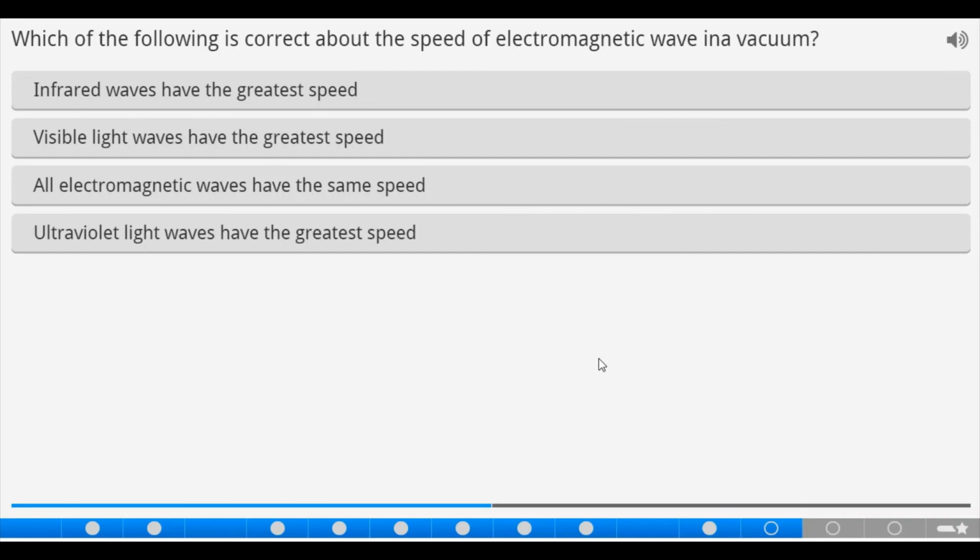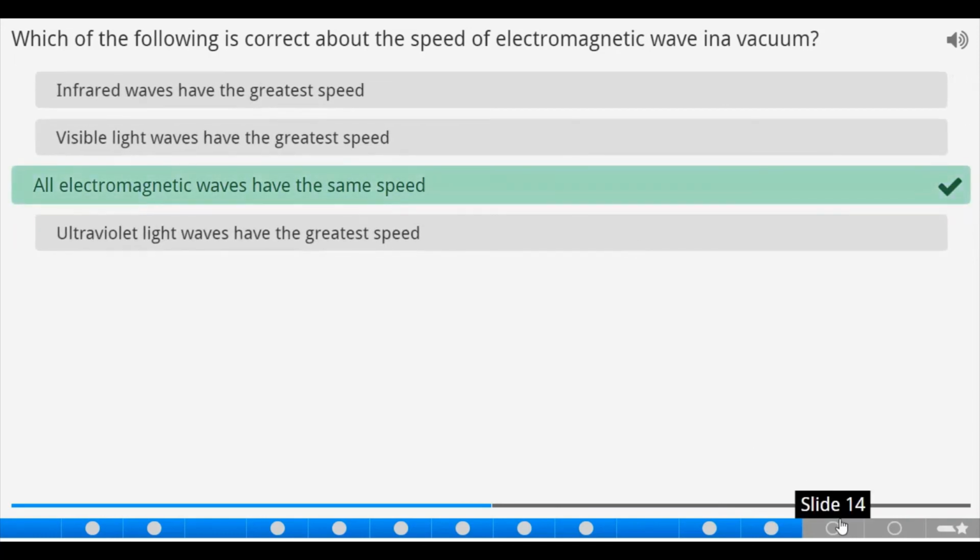That is false. Visible light waves have the greatest speed. That is false. All electromagnetic waves have the same speed. That's correct. Ultraviolet light waves have the greatest speed. That is false. So all electromagnetic waves have the same speed.